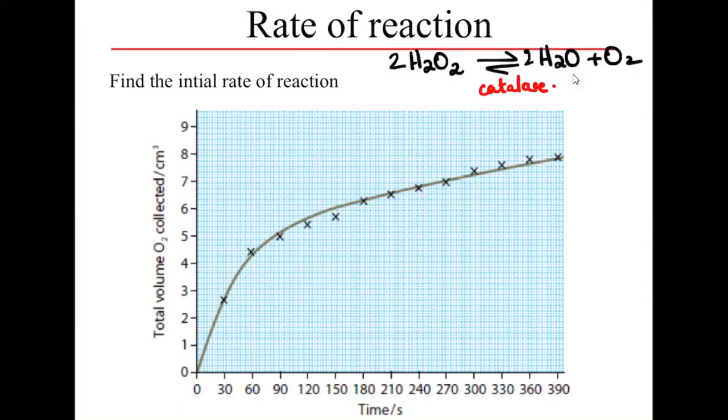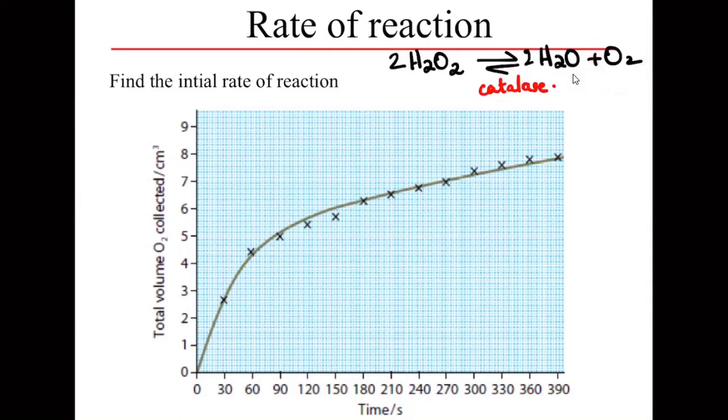The graph is showing you time plotted on the x-axis and the total volume of oxygen collected in cubic centimeters on the y-axis. That means as time passes, how much oxygen is being collected. Okay, now you tell me, Alia.